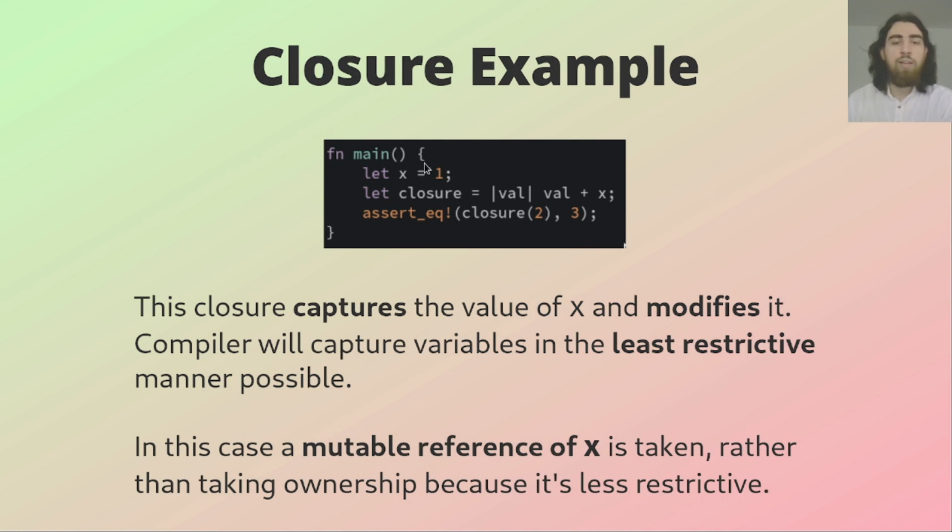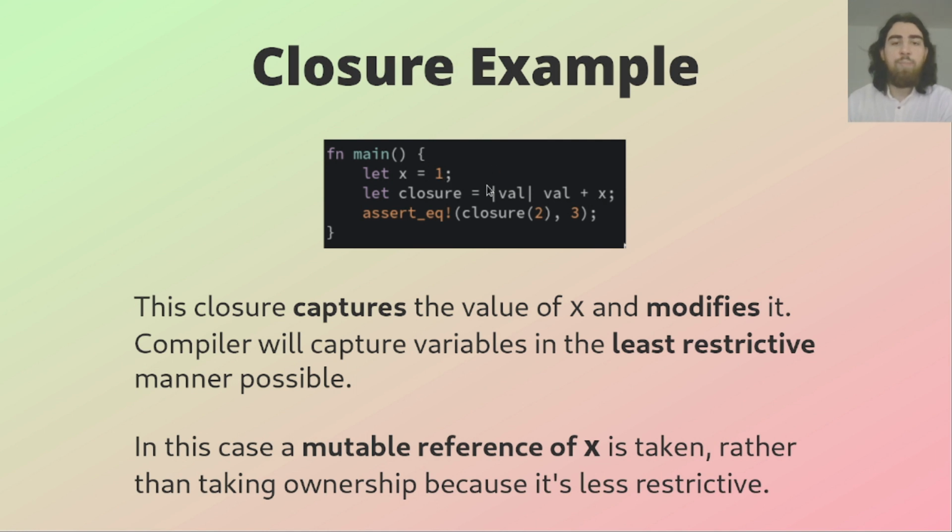So let's take a look over here. We have initialized the variable x with a value of 1. Now over here we have a closure, and closures are defined like that. First of all, we have these symbols over here, and between them we define the name of the argument. And as you can see, we just add the argument with the value of x.